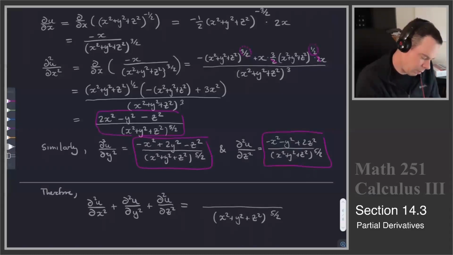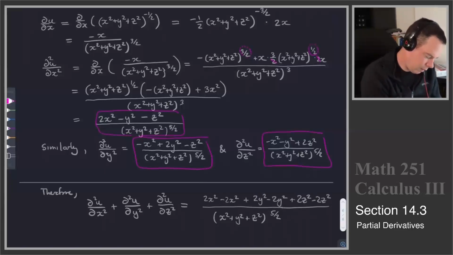And what's up top? Well, we have a 2x squared and then a minus 2x squared. The minus 2x squared is coming from a minus x squared in the derivative with respect to y and a minus x squared in the derivative with respect to z. And then we also get a plus 2y squared, minus a 2y squared, plus a 2z squared, minus a 2z squared.